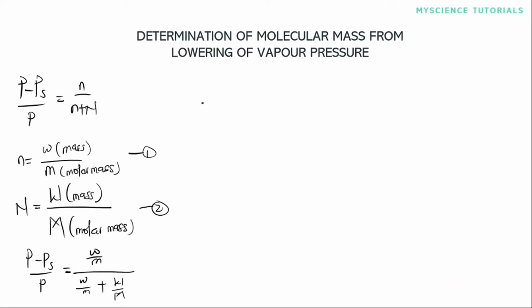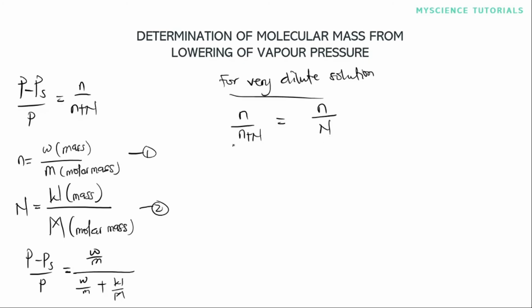It is also important to note that for very dilute solutions, that is, the amount of solute that we added is so small that it becomes insignificant, the mole fraction, n divided by n plus capital N, can be written as n over capital N. We ignore the small n over here for very dilute solutions only.